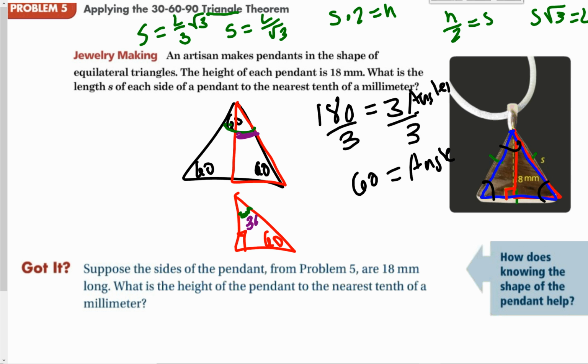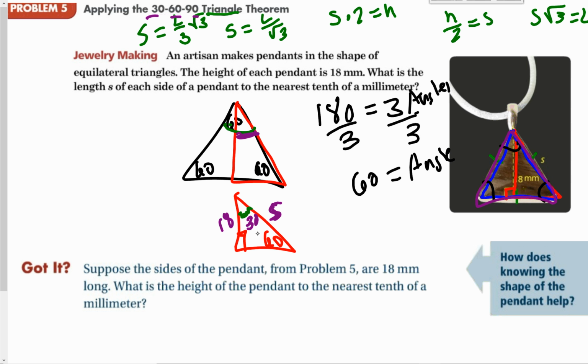That must be 30. So I have a 30-60-90 triangle, and I know this is 18. And I'm trying to find this side S, right? So this S does not stand for the short side. It just stands for a variable, the side length of this pendant.